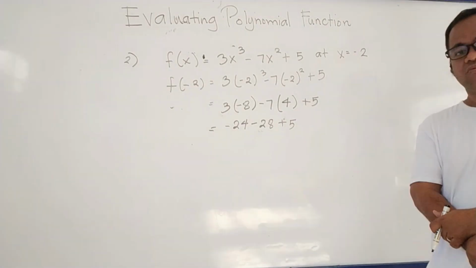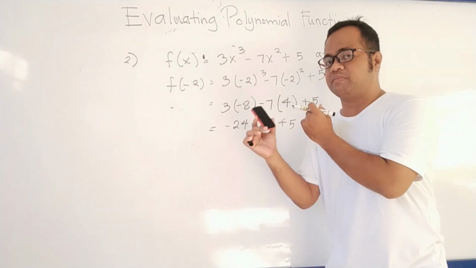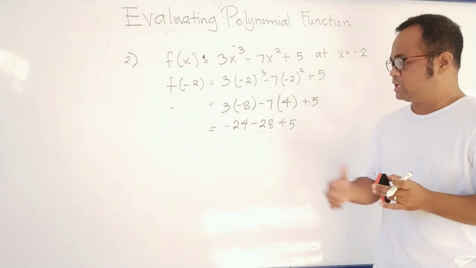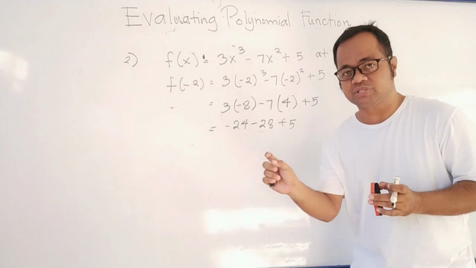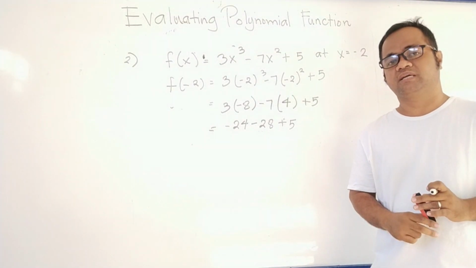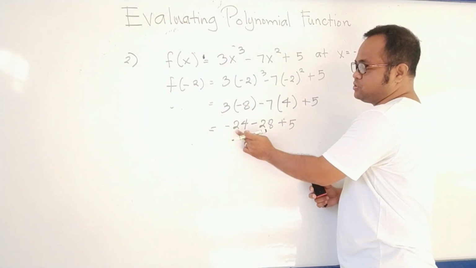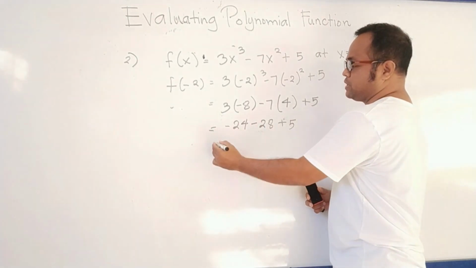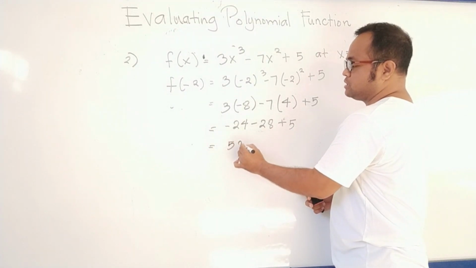Now, for you to get the value of f of negative 2, okay, try to look at this. You combine the like signs first. Then you subtract it to the unlike sign. Okay? You combine this, pareho kasi silang negative, you add. 24 plus 28 is 52.